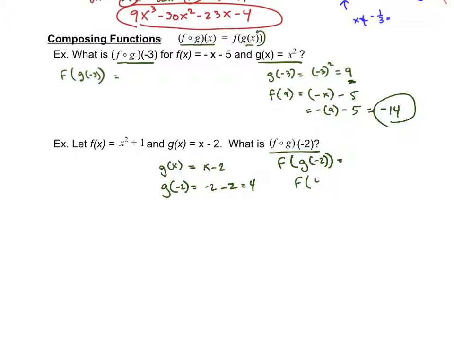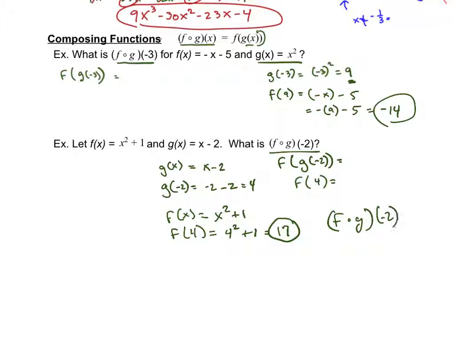So I find f of 4, where f of x is equal to x squared plus 1, and therefore f of 4 is equal to 4 squared plus 1, or 17. So f of g of negative 2 is equal to 17.